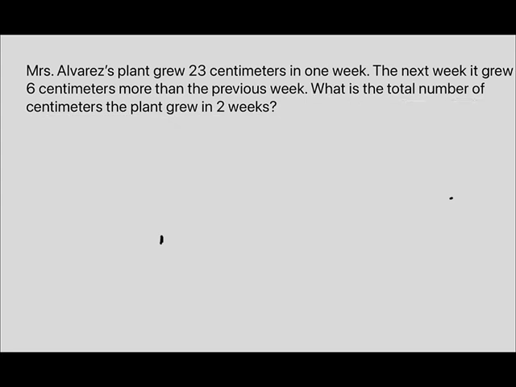So what we know from the question is the plant grows 23 centimeters in week 1, and in week 2 the plant grows 6 more centimeters than week 1. Now let us move on to the tape diagram. As always, the word problem needs a tape diagram, a number sentence, and a statement.